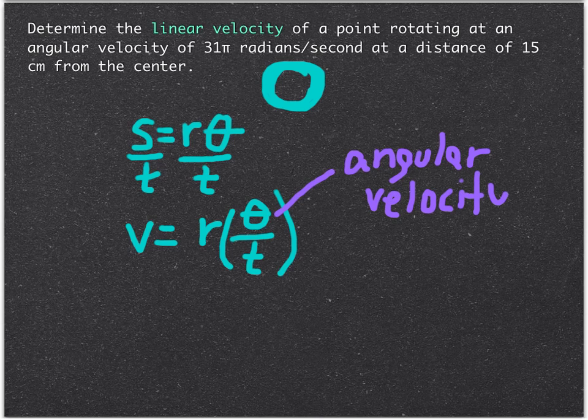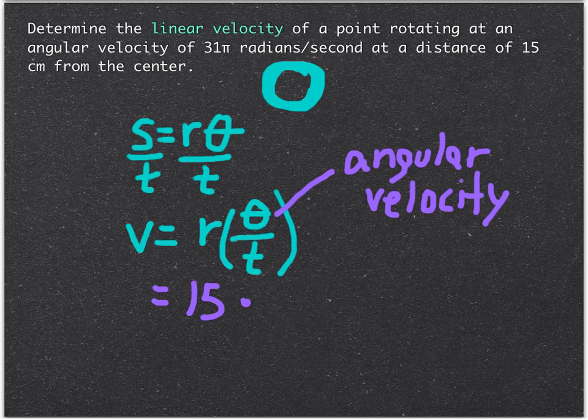So if we know what that angular velocity is, we can simply multiply it by that radius, which is kind of nice. So that means in this particular case, if we want to try to find our velocity, we can simply take our radius, which in this case is going to be 15 centimeters from the center, and simply multiply it by the angular velocity.